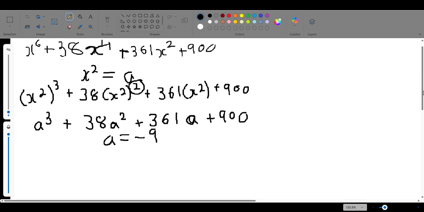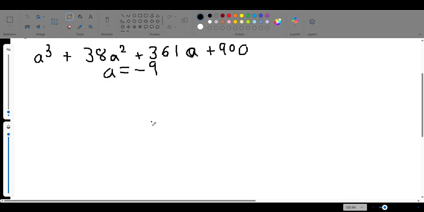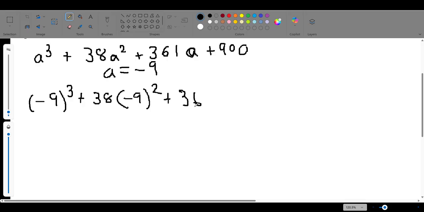Okay, our next step, just to check if we're right, I can make a -9. So it'd be -9 cubed plus 38 times -9 squared plus 361 times -9 plus 900.